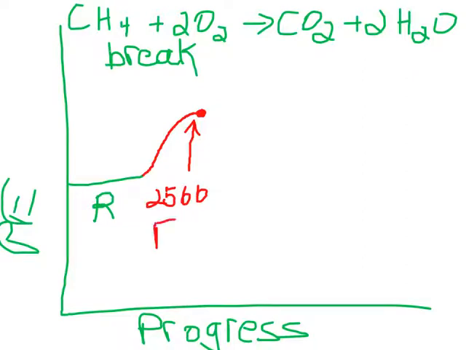That is our energy of activation. So we're essentially saying that your striker or your lit match has to provide at least 2,566 kilojoules to break down a mole of methane and to light it on fire in the presence of oxygen.